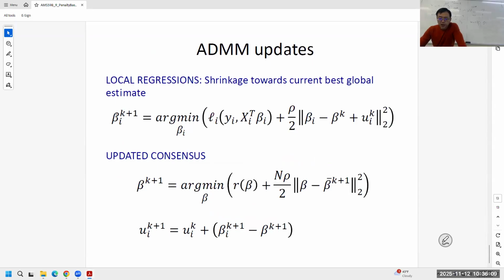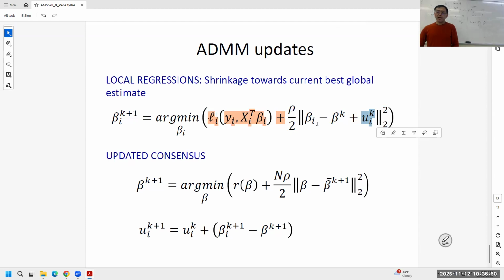For the local estimation, for each local node you have a local likelihood function plus a multiplier term, which is the squared L2 term right here.